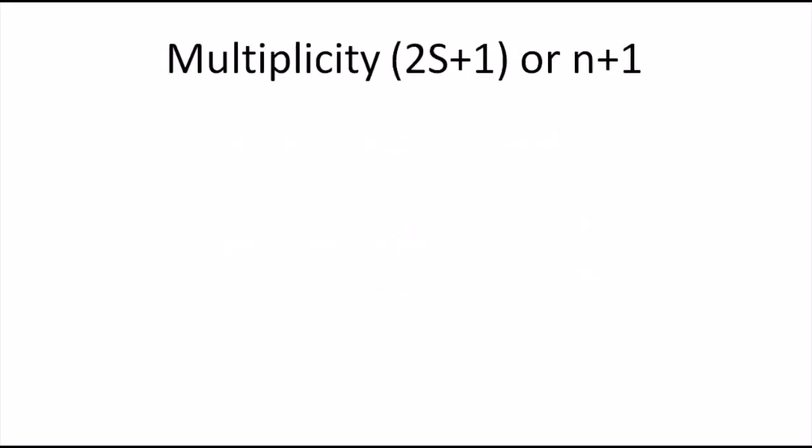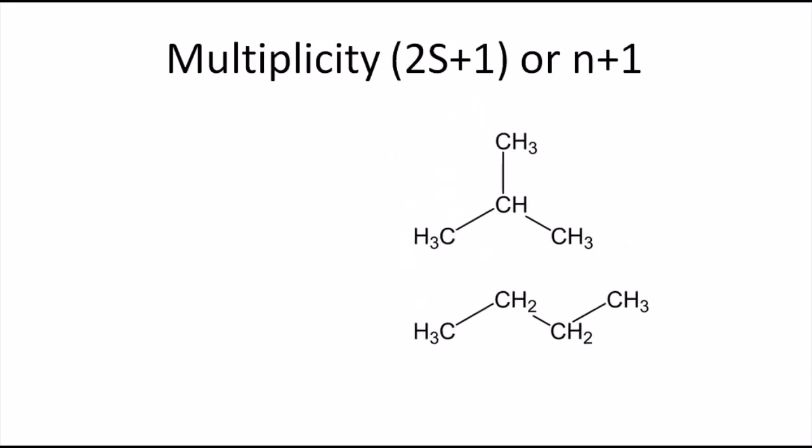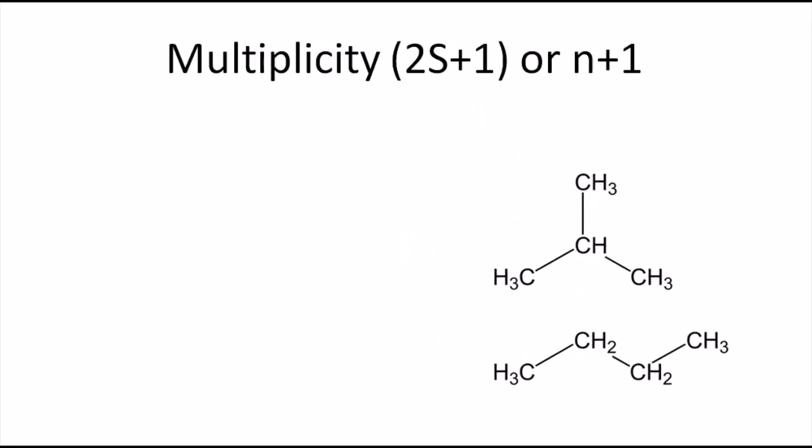Let me take another example where the number of signals won't work. In that case you have to see the multiplicity. For example, take this molecule, you have CH3. In this direction it is symmetrical, in this direction it is symmetrical, in this direction it is symmetrical, and therefore all the CH3 together give only one signal, and this CH gives one signal.